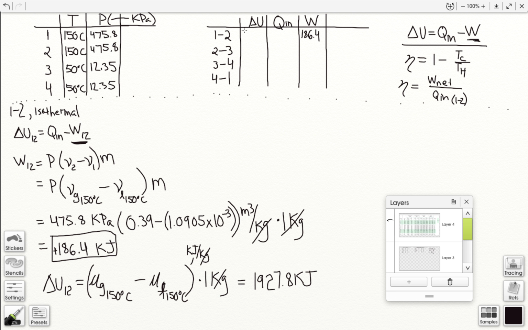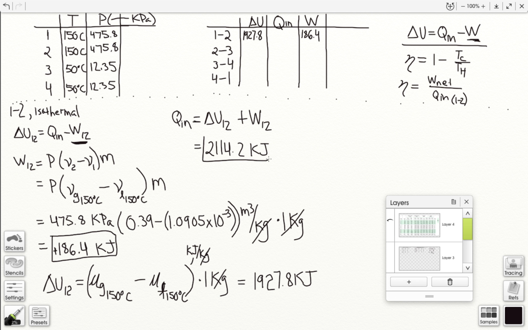Okay, so here we have 1927.8. So back to this law, our Q in is going to equal the change in internal energy from 1 to 2, plus the work from 1 to 2. So if we add these two values up, we will get 2,104.2 kilojoules.